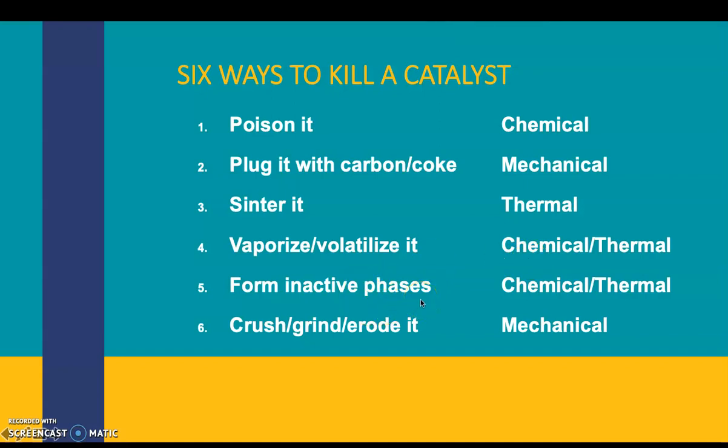When it forms inactive phases, it subsequently affects the catalyst decay, where some of the catalyst active sites will be covered by these inactive phases. This is due to chemical or thermal treatment. And then crush, grind or erode it, so your catalyst will have mechanical deactivation.